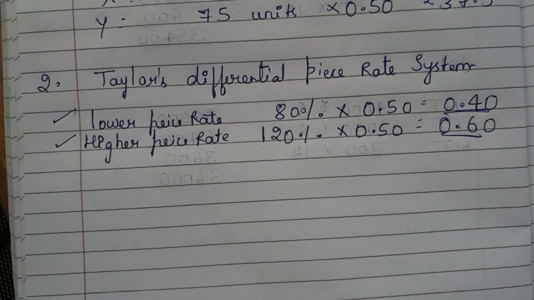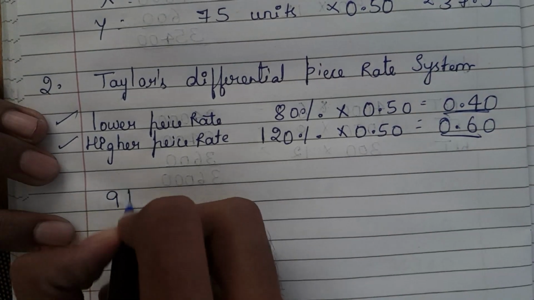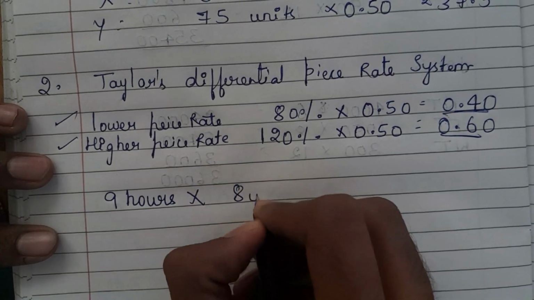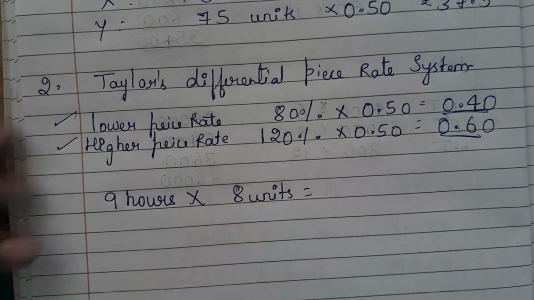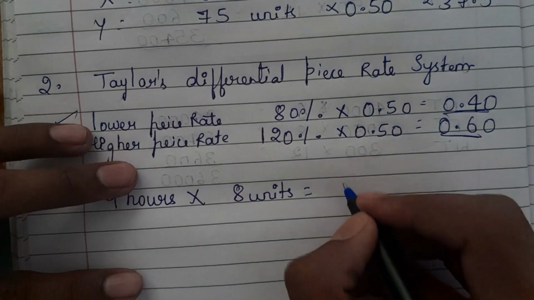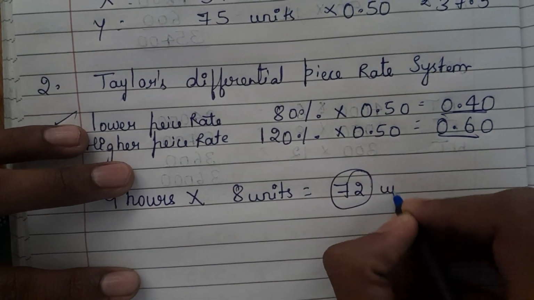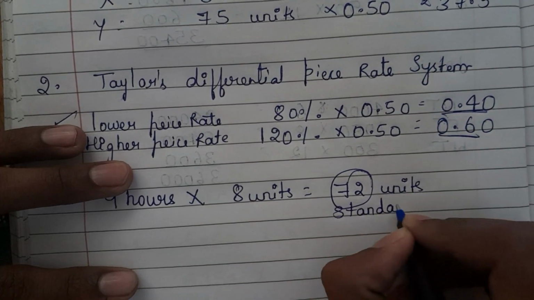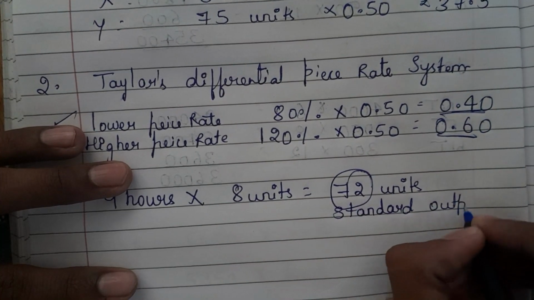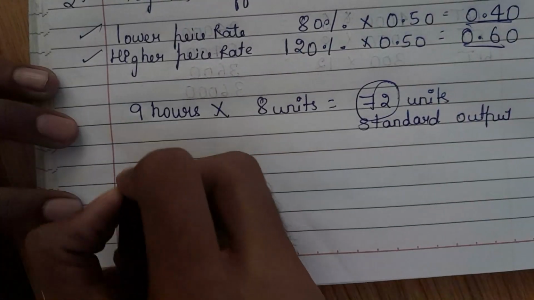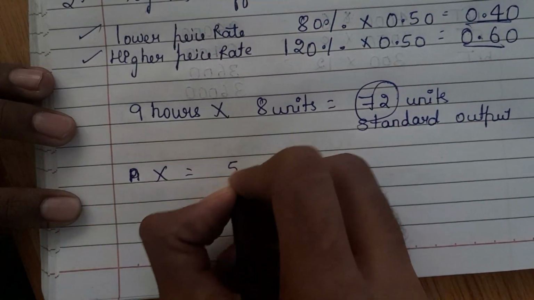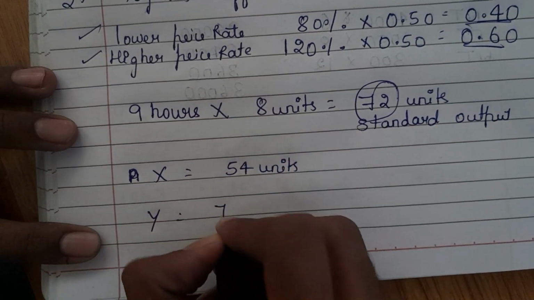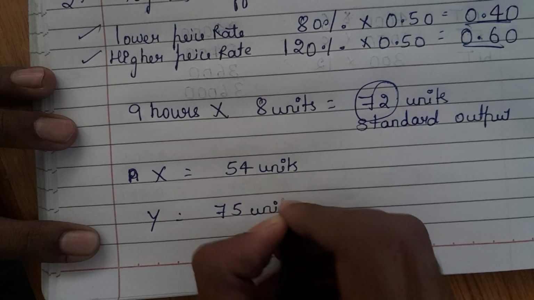Now see here, each worker is working for 9 hours and per hour they will produce 8 units. So 9 into 8 is 72, meaning the standard production should be 72. This is the standard output the worker needs to give. X has produced 54 units and Y has produced 75 units.